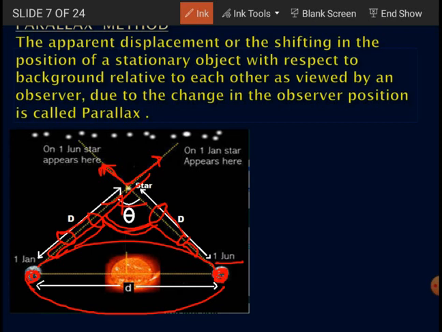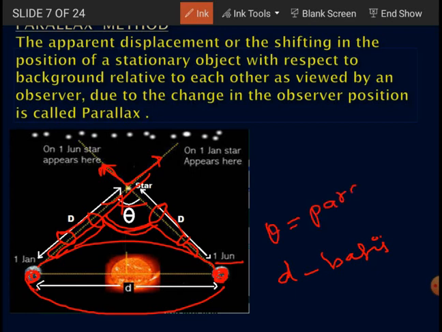And the distance between the two positions of the observer, one here, another here, we call the basis. So small d is known as what? Basis. And we call this theta what?